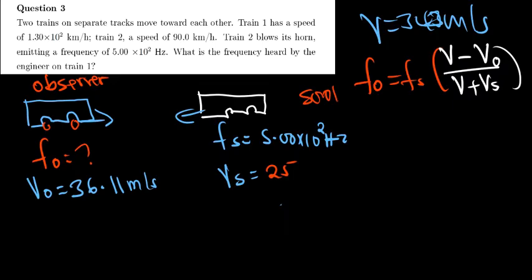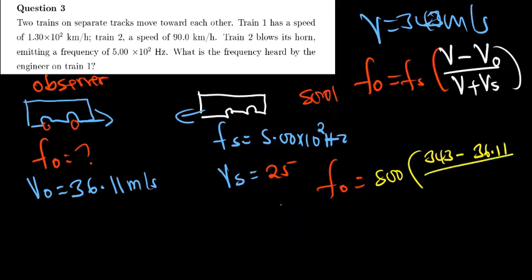So we are supposed to say the frequency of the observer should be, I've said 5.00 times 10 to the power 2 is the same as 500, but you can also put the same, like 5.00 times 10 to the power, then 343 minus the VO is 36.11, then here 343 plus the VO is 25, or the VS, sorry. So we'll have this.